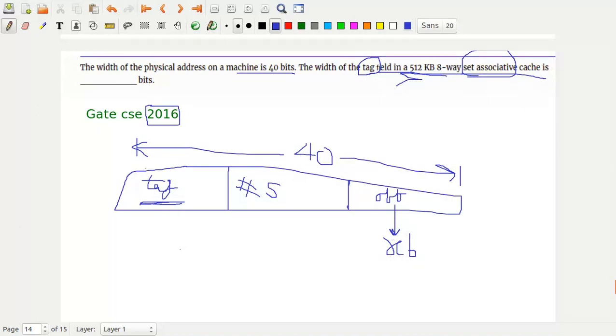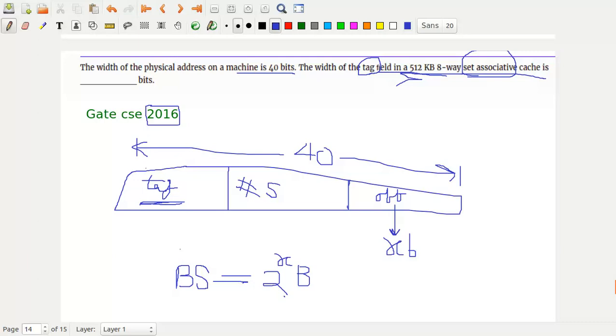So if the size of offset bits is x bits, then block size will be 2 power x bytes.